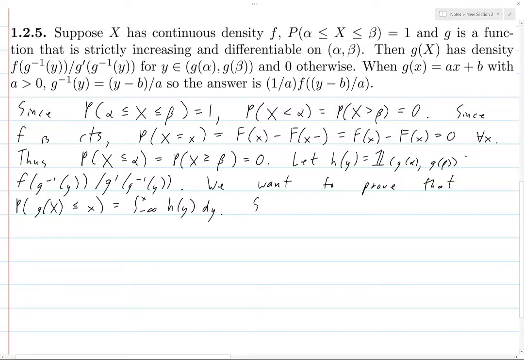Since g is strictly increasing, X of omega is less than or equal to x if and only if g of X of omega is less than or equal to g of x.